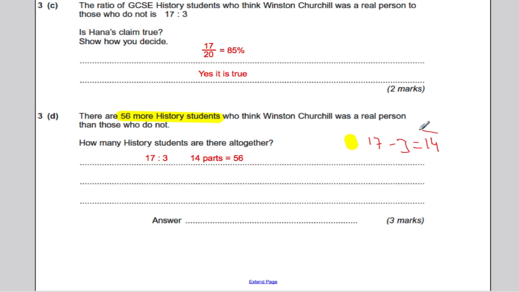So 14 parts must represent the 'more than' bit. So 14 parts is 56. 1 part is going to be 56 divided by 14, which is 4. That means we need to work out 20 parts in total. So 20 times 4 gives us 80. So 80 students in history altogether.